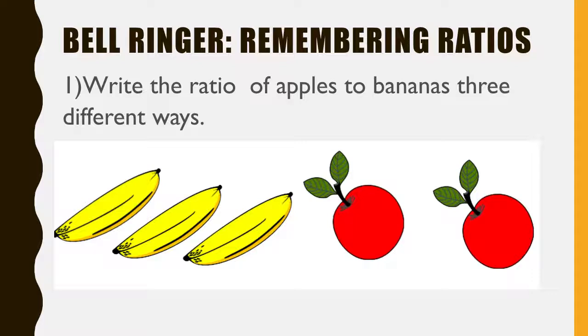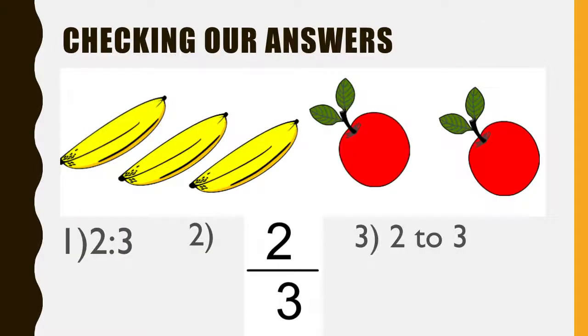Now we're going to check our answers. Does anyone want to tell one way that they wrote apples to bananas as a ratio? Do we have any other ways? Here are the answers.